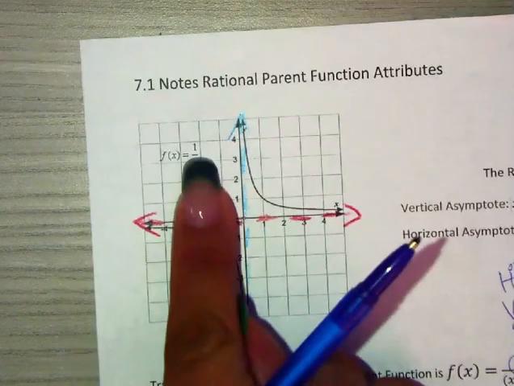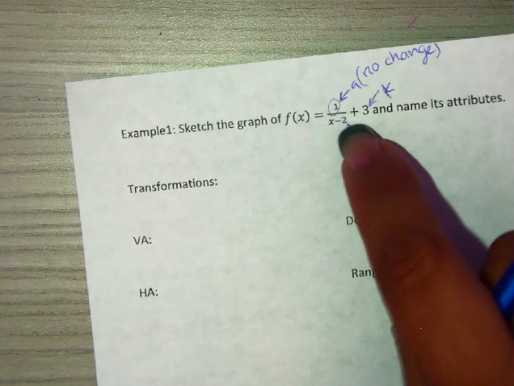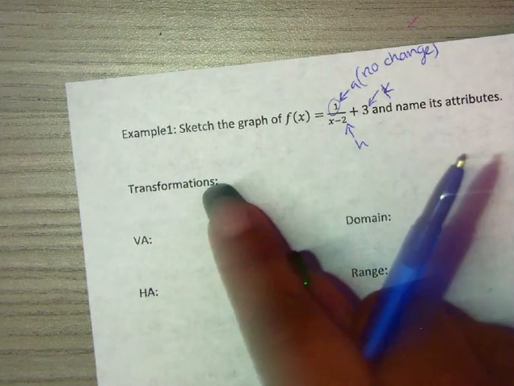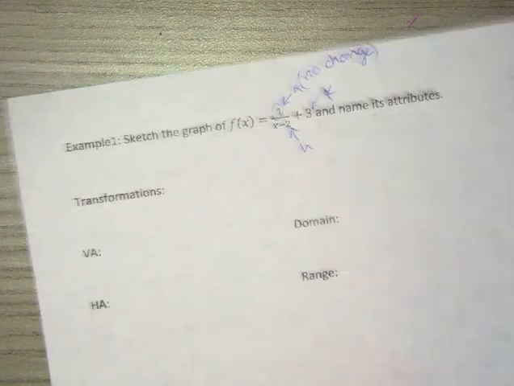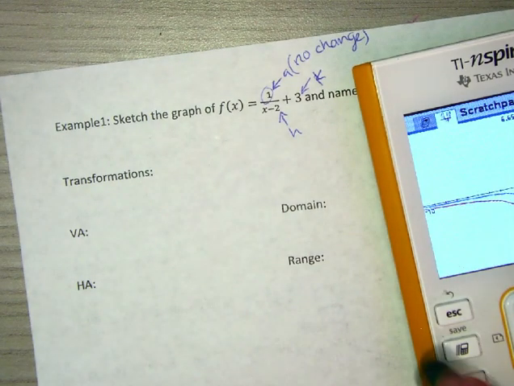The descriptions for a are reflection, stretch, or compression, but the parent function has a equal to 1. If your graph has a equal to 1, there was no change in that. There is a change on h and k though, so we have to describe in transformations what h and k do.